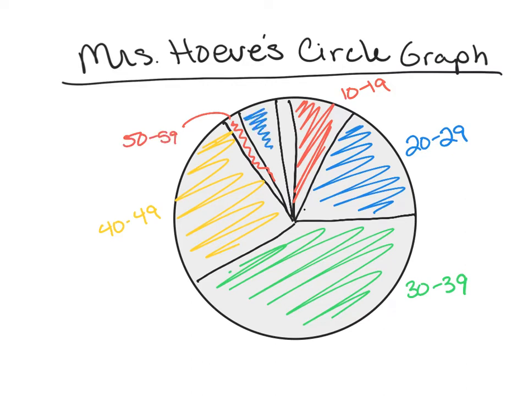This bigger middle section here was my 60 to 69-year-olds. And then finally, this little small section was my 70 to 79-year-olds. So as you can see, I wasn't super precise, but I have a pretty good circle graph that I used to show my data.